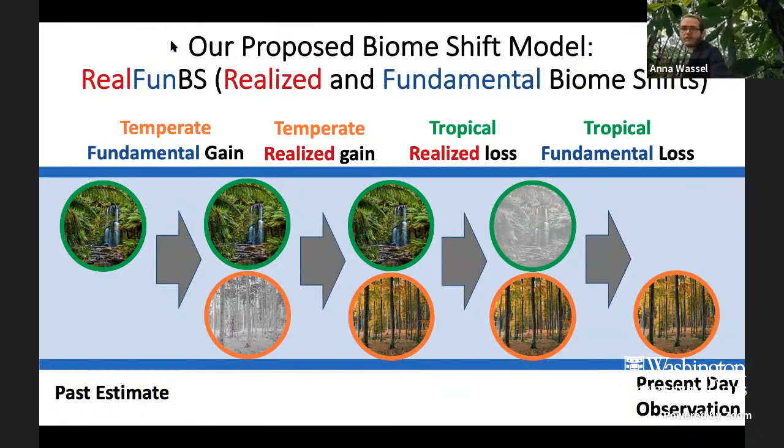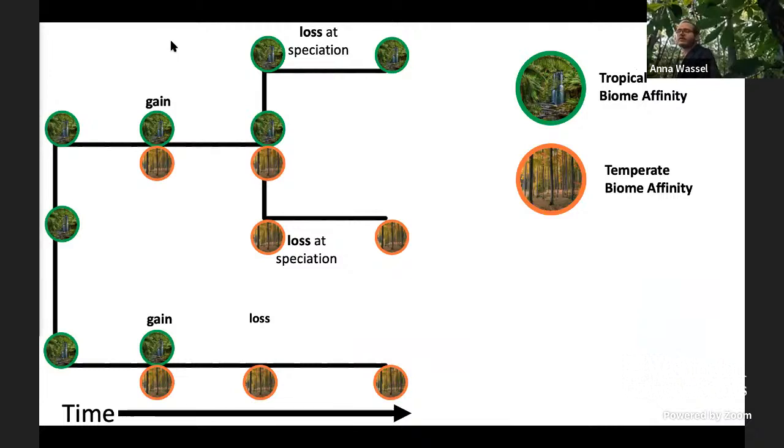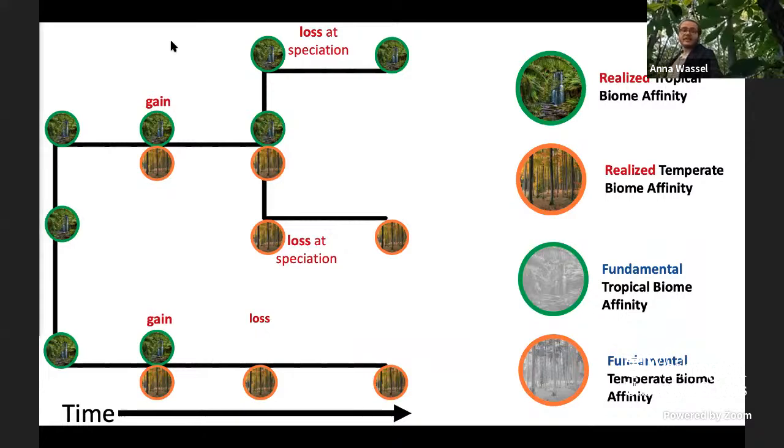And to put this over the map that we were looking at before, this is again really just realized affinities, where we have a gain of realized temperate, loss of realized temperate and tropical, the asymmetrical inheritance. But let's try to fit in what it would look like when considering fundamental affinities here.